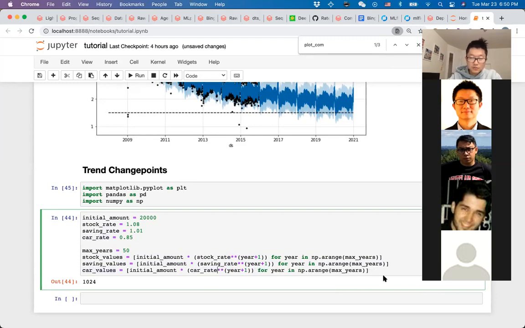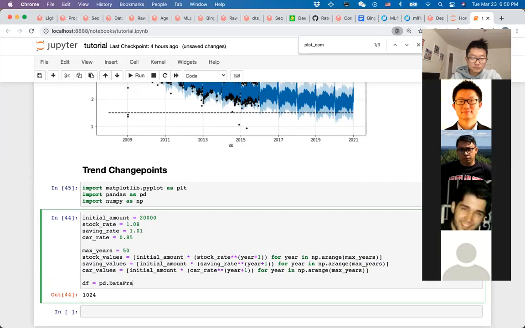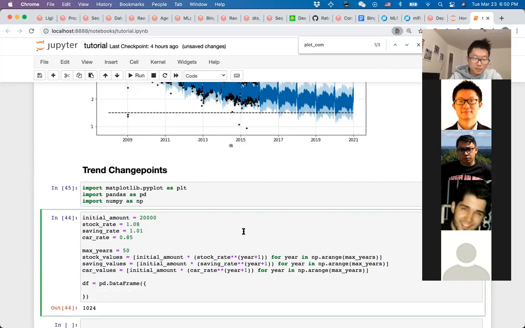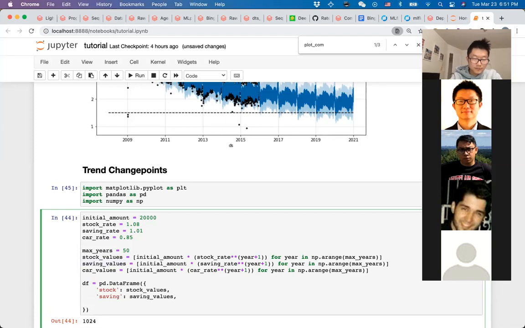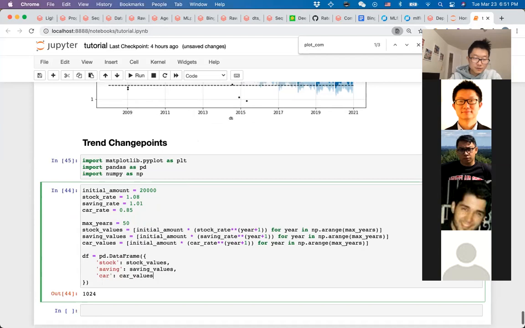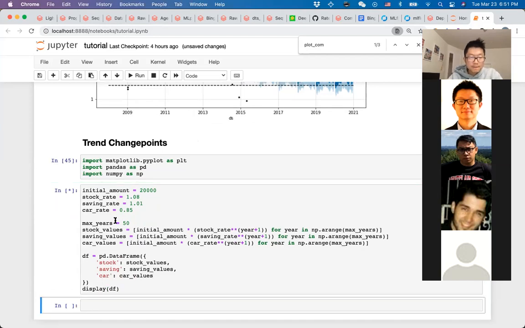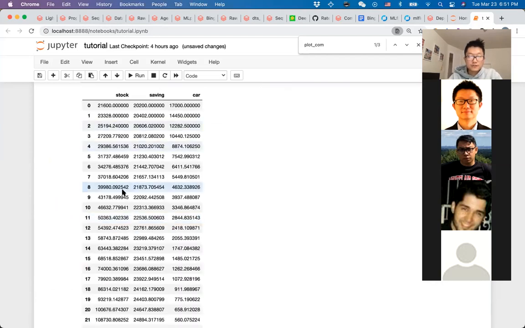Then let's create a data frame with the stock values, saving values, and car values.